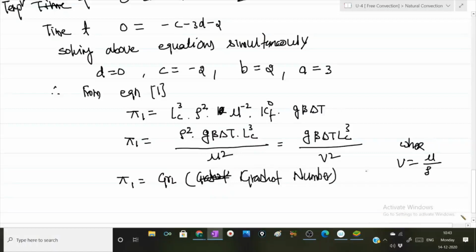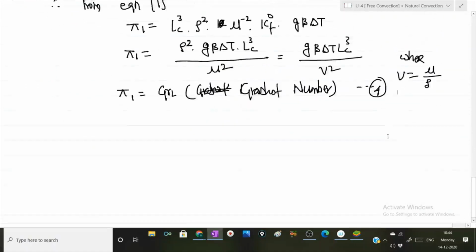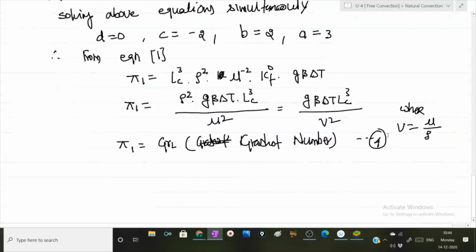Let's say this is equation number 4. So after applying the Buckingham pi theorem, I could get pi 1 as the Grashof number.